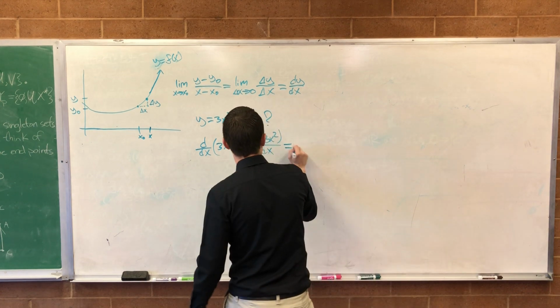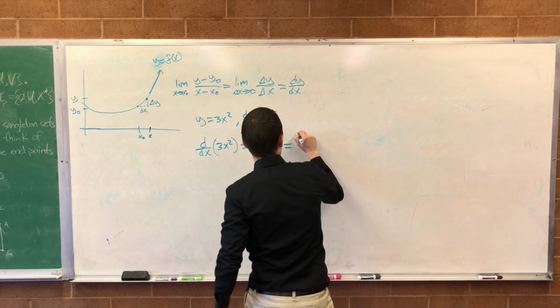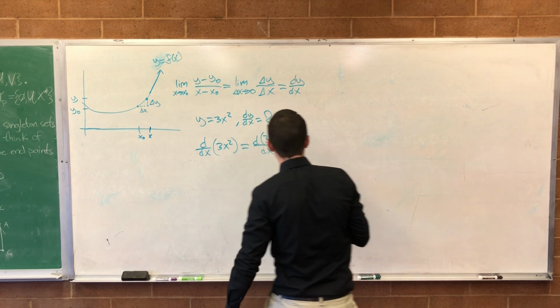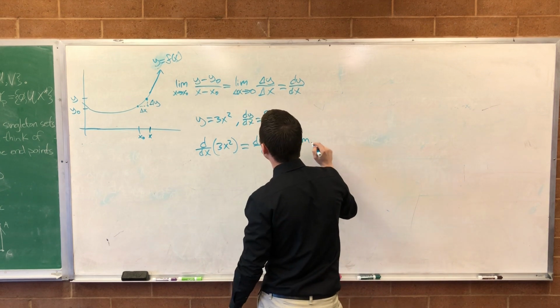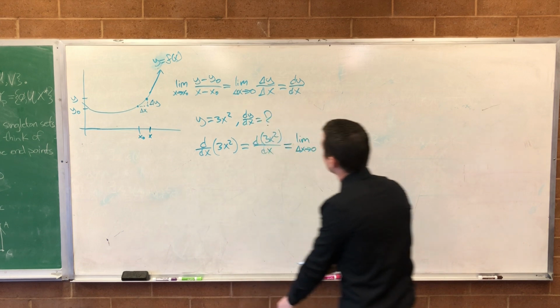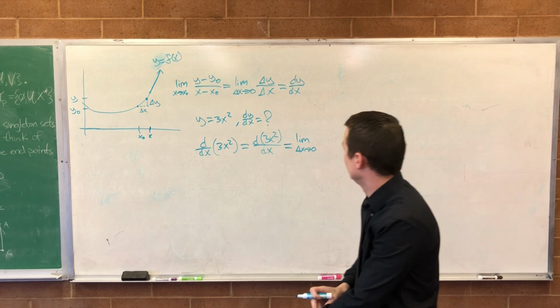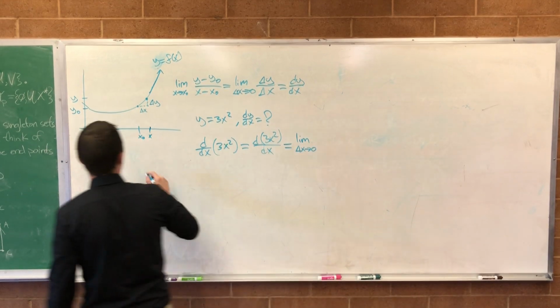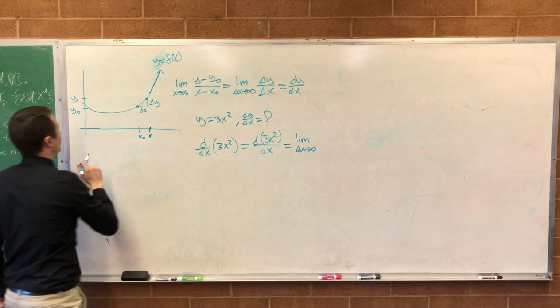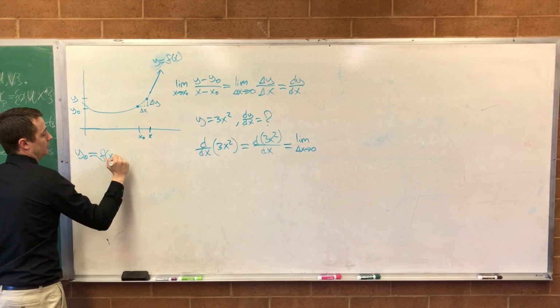Dy dx, which is equal to, now we'll calculate it. Dy dx is equal to this limit. That is equal to the limit as delta x approaches 0 of, I should have made this clearer before I did it. Another way that we can specify y naught is equal to f of x naught.